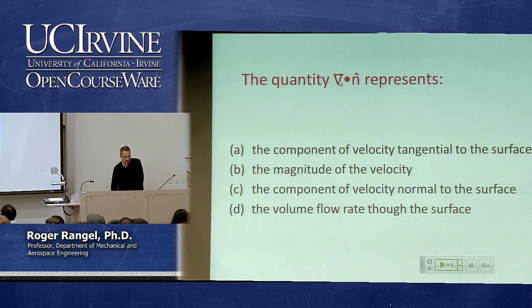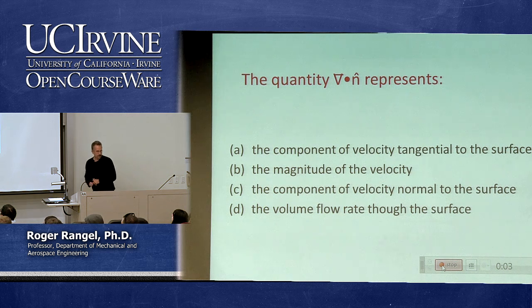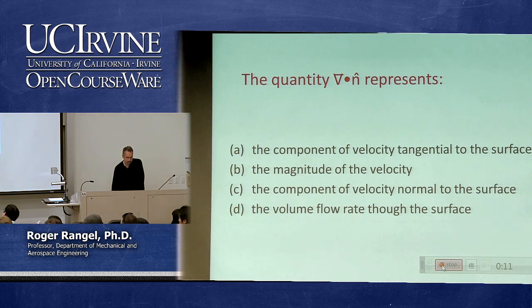This is just vector V. So the quantity V dot n represents A, B, C, or D. Okay, 3, 2, 1, 0.